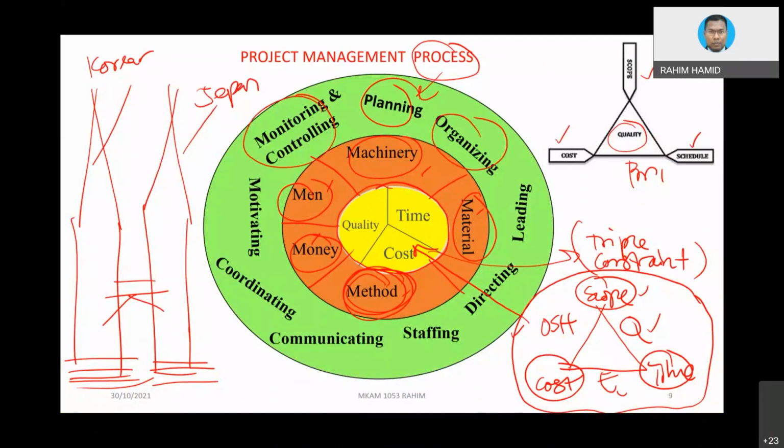And remember, the word planning is there. Our focus of study is that we are going to zoom into this planning only.